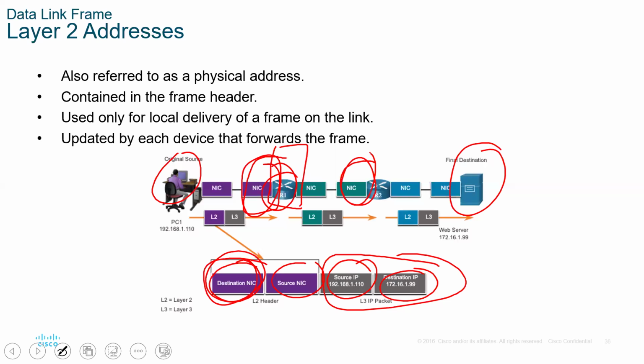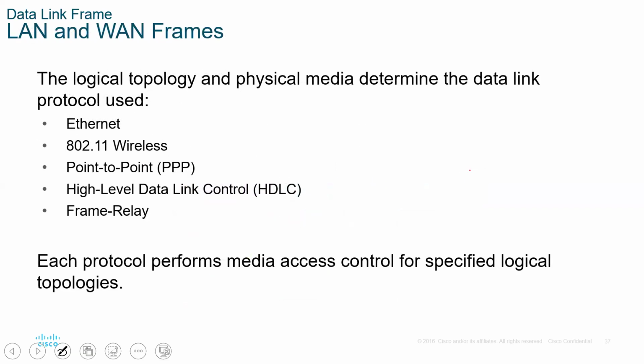Then this router will do a re-encapsulation again and put the destination MAC address of this particular server. But what does not change is the destination IP address. The destination IP address assigned by the sender is the one that does not change, but the MAC address changes across the path depending on the devices or hops that it meets.